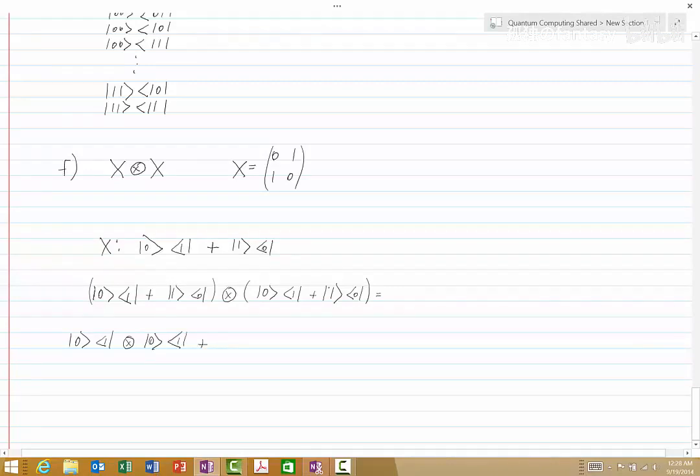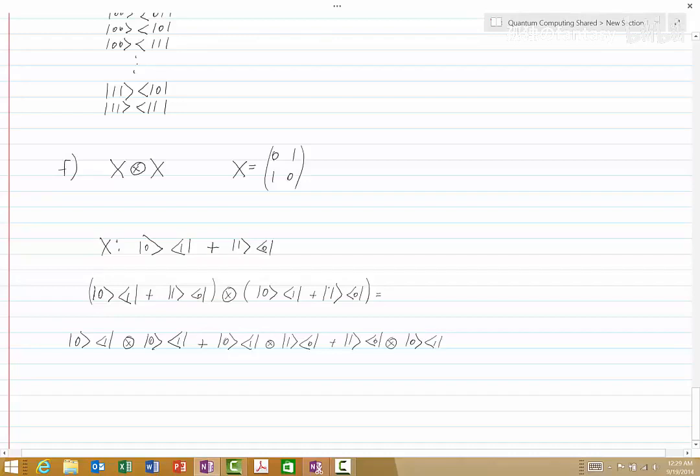The second term will be |0><1| tensor product |1><0|. The third term will be the tensor product |1><0| with |0><1|.